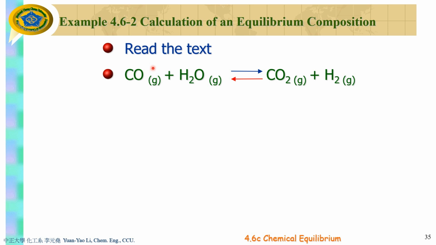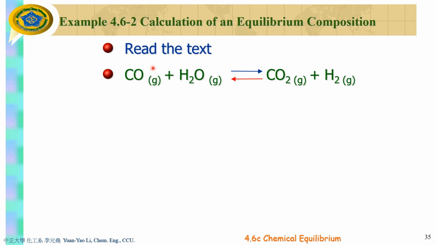Assume the reaction proceeds to equilibrium at a temperature T. You know the temperature T, and the mole fractions of these four reactive species satisfy this relationship. You learned this in high school. This is what we call the equilibrium constant, right? Y is the mole fraction: y_CO2 is the fraction of CO2, and y_H2 is the fraction of H2.